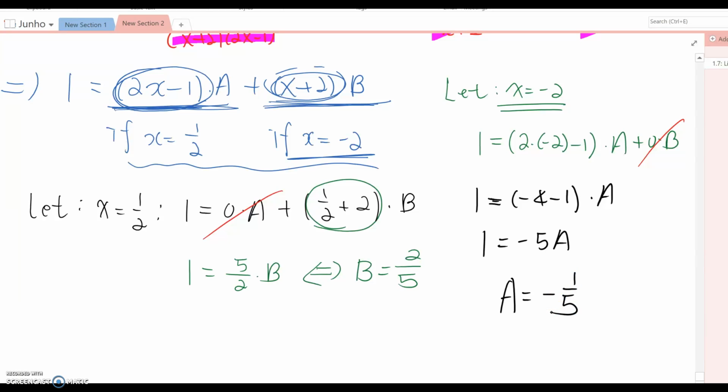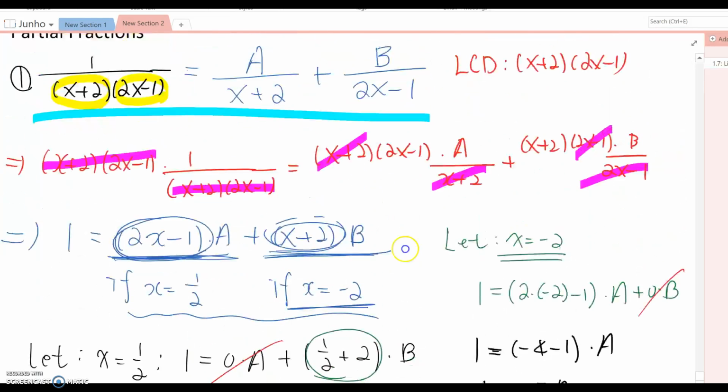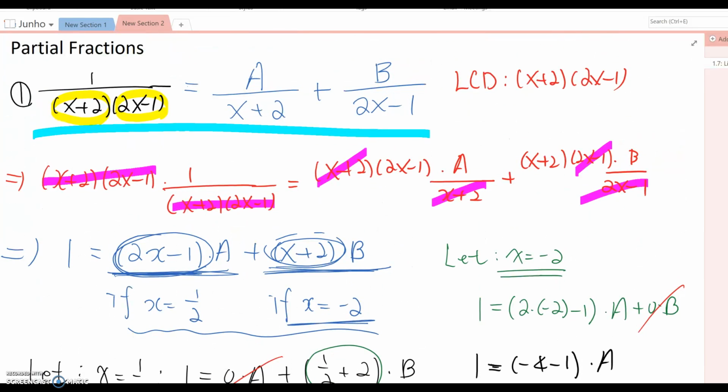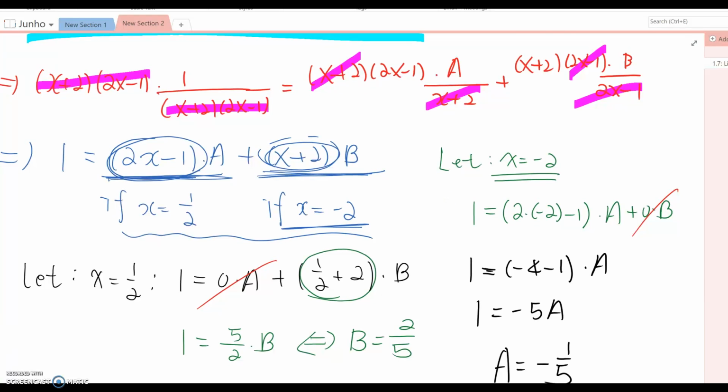So we just go back to the original setup, like here, and then we can replace A with negative 1/5 and B with 2/5.